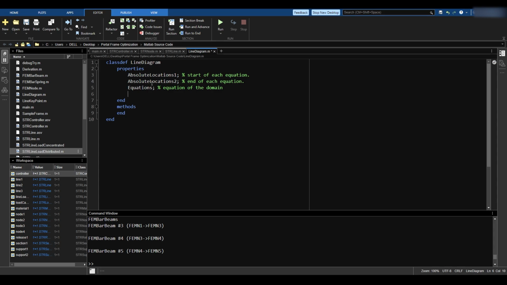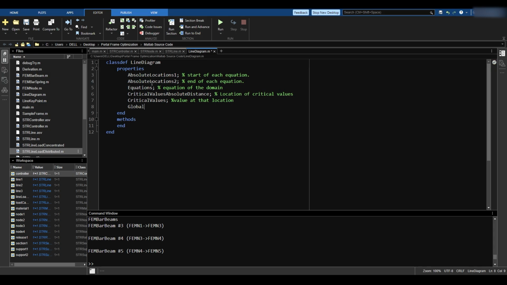Then I also have critical values, absolute distance. By this, I mean location of critical values. Those are the max or min of the values of the equations. Then I have the location, which means also I need the values. And this is basically the value at that location.